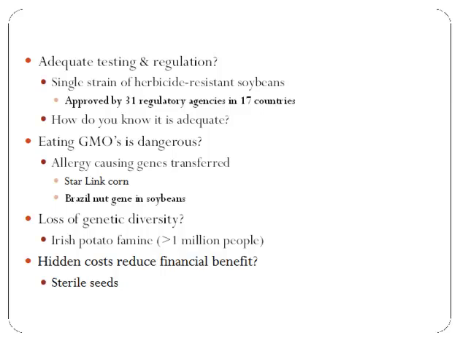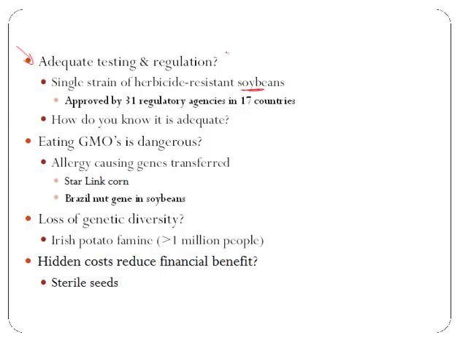So, some legitimate concerns. I mentioned we would get to some legitimate concerns and some not so legitimate concerns. So these are legitimate concerns. Well, is there adequate testing and regulation of these? To give you an example, there's a single strain of soybeans that's herbicide resistant.